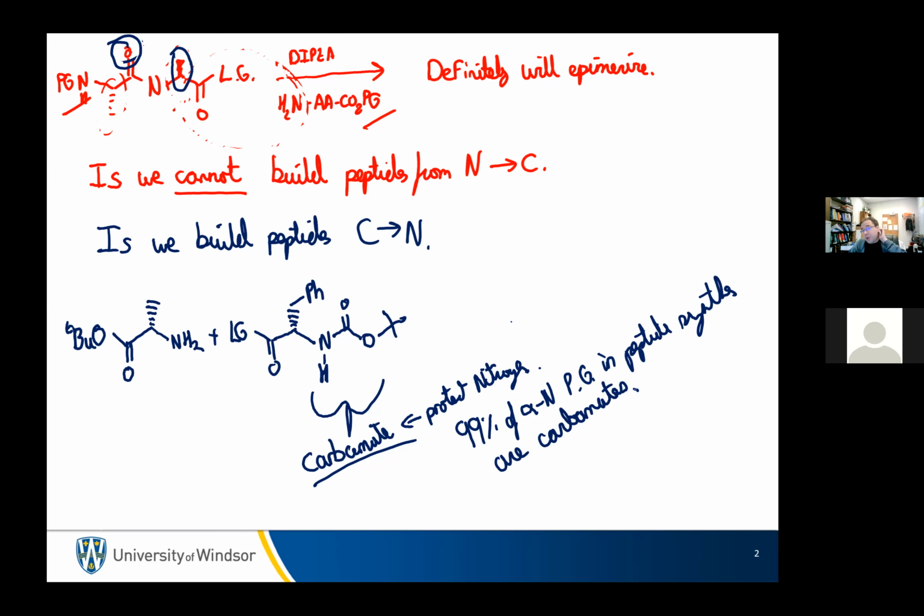We're going to see three major ones. This one is the tert-butyl, and it's called a Boc group. I'm just going to abbreviate it as Boc going forward.